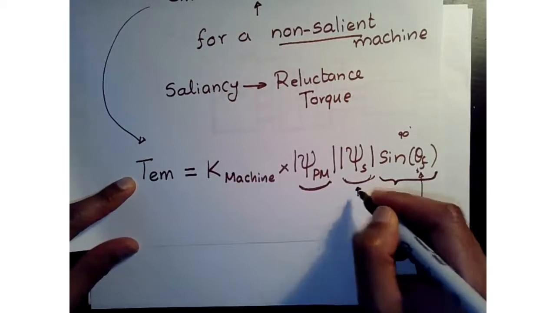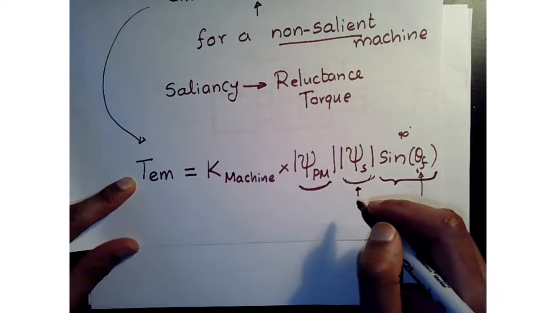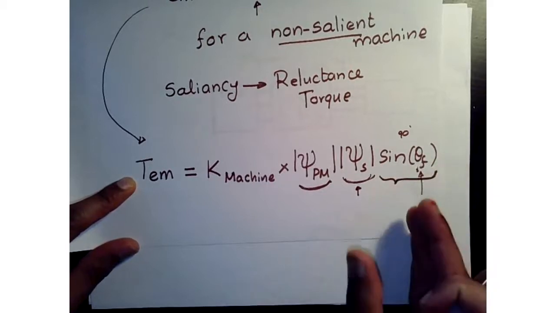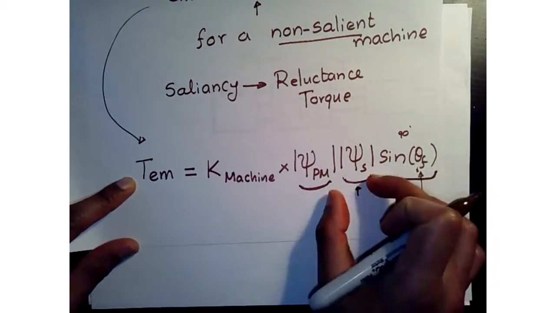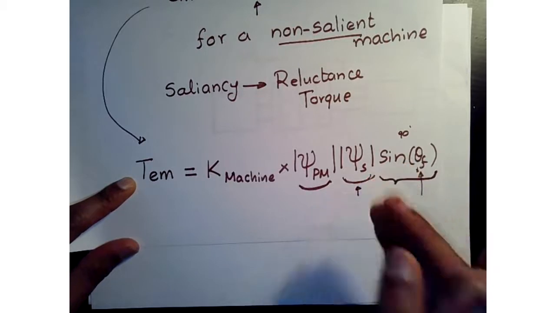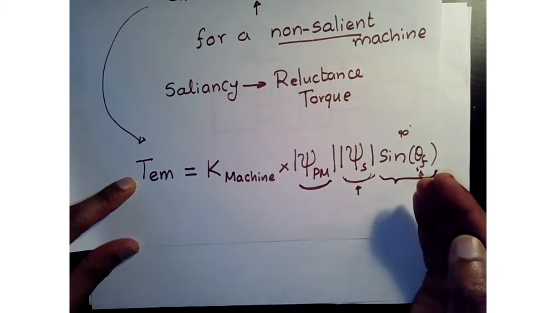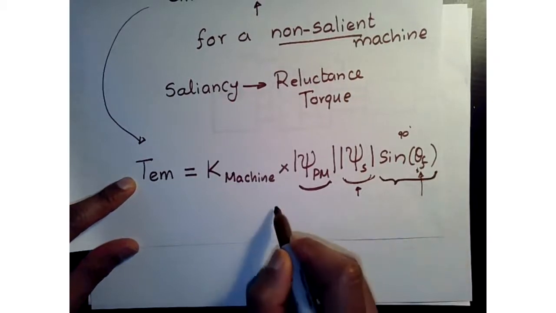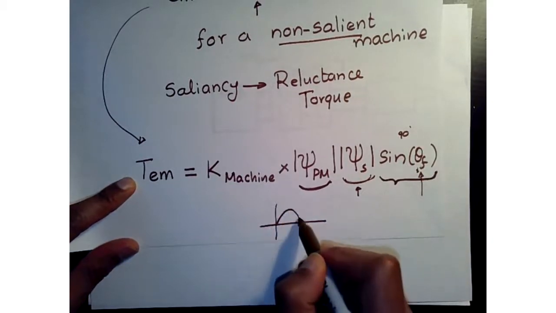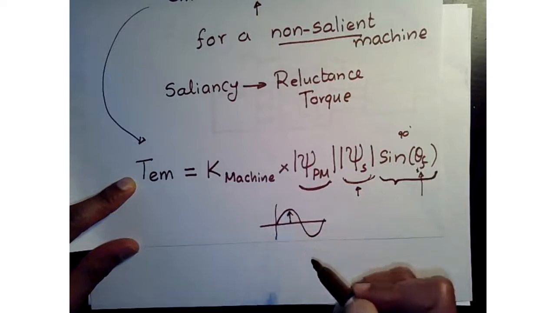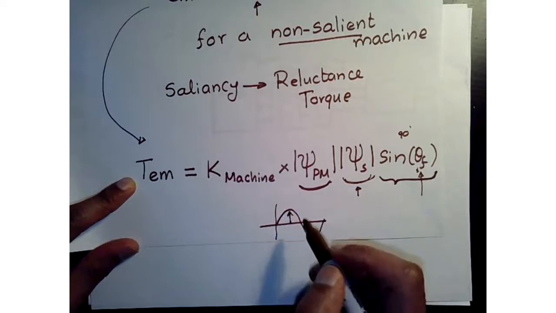State of flux. So in order to generate the state of flux magnitude, we can control the current amplitude, right? We can control the amount of current. Basically, since it's a three-phase system, you're going to have an amplitude for the current depending on the voltage we apply, right?